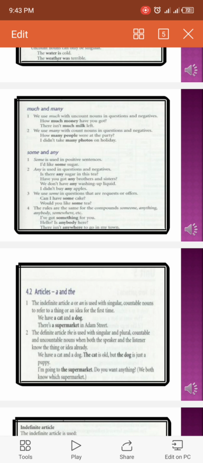The rules are the same for the compounds someone, anything, anybody, somewhere, etc. For example, I've got something for you. Hello, is anybody here? There isn't anywhere to go in my town.